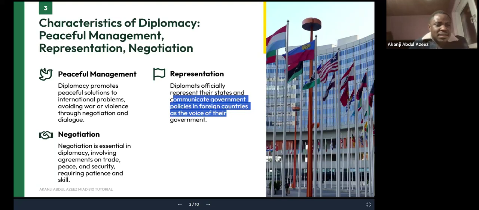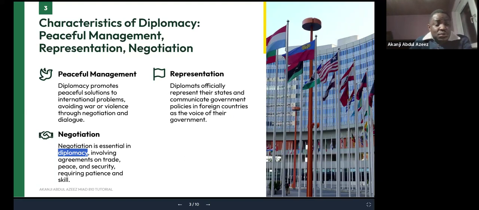As you can see in my slide, negotiation in diplomacy involves agreement on trade, peace, and security.